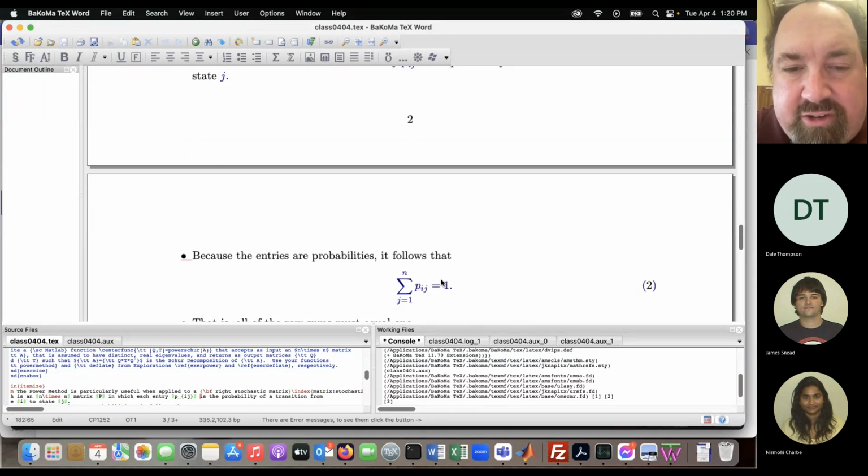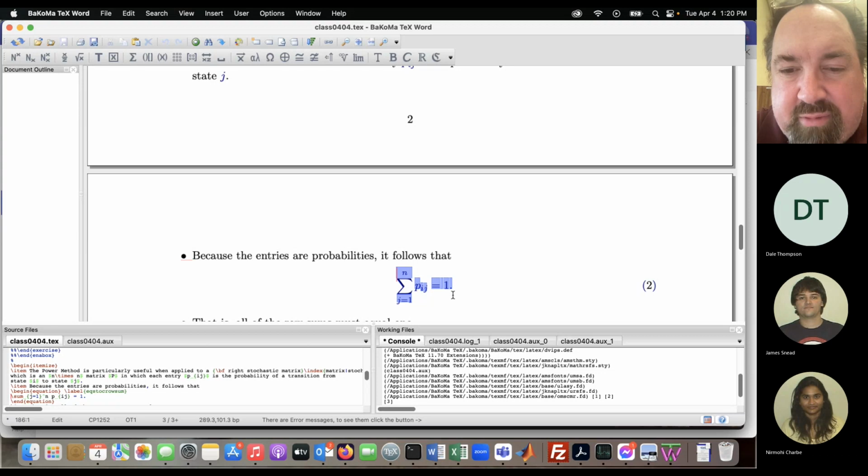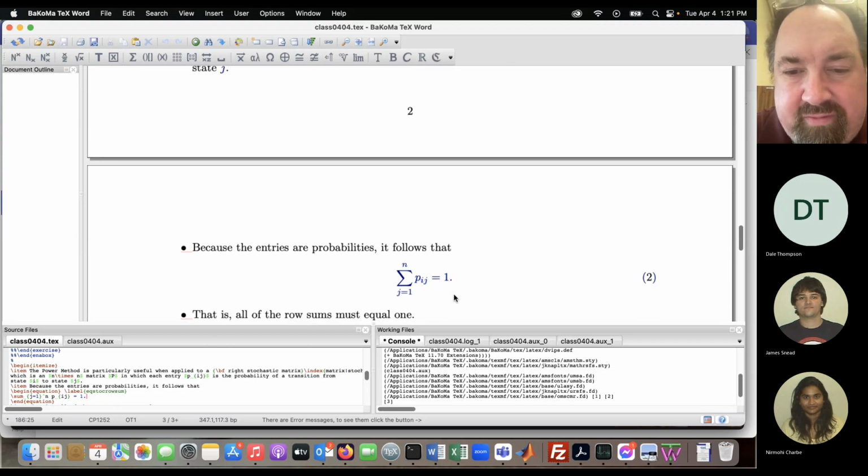Because the entries are all probabilities, and you have to transition from state i to some other state j going from 1 to n, then the sum of all the entries in each row must equal 1.